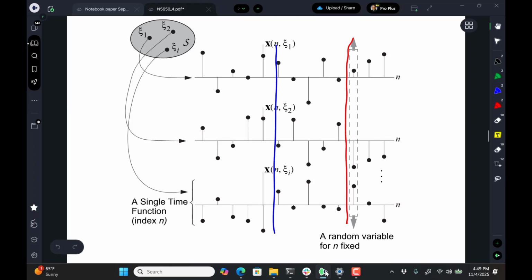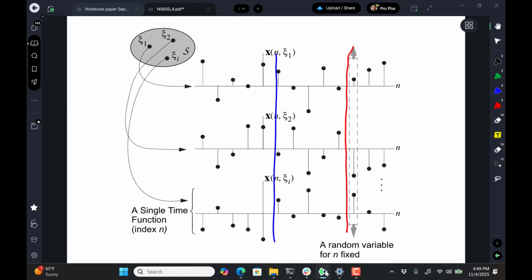So the picture that I like the most is this one, and there's an appendix in the book. Appendix A is on probability and random variables, and I think random processes, maybe it's in B, or it's all in one chapter, but I like this picture, which shows the underlying sample space that you trace back to probability theory.